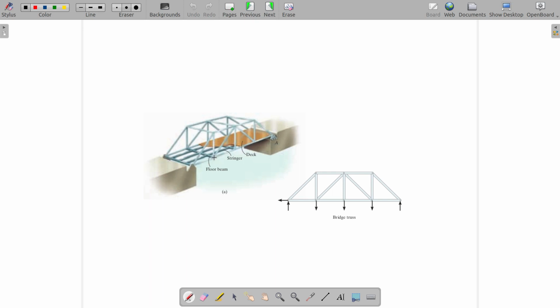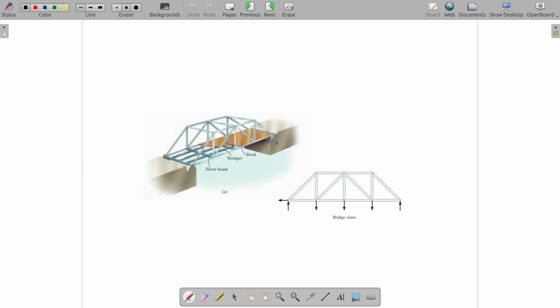If that is the case, what will be the forces developed in each of the members? Let's say 10 huge trucks are passing on the bridge.